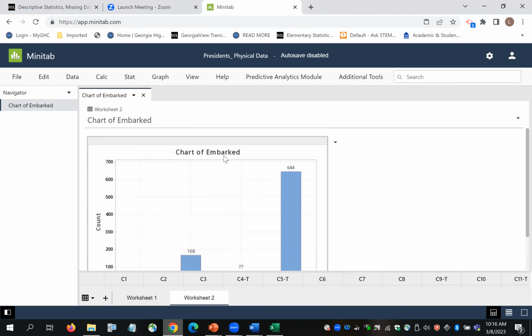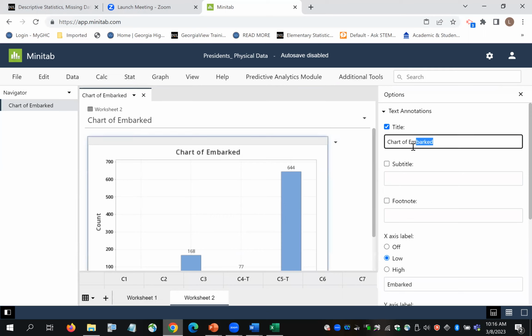So I'm going to change this title. Notice here in the upper right hand corner, there is this upside down black triangle. I'm going to click on the triangle. It gives me graph options. So I'm going to choose Options.